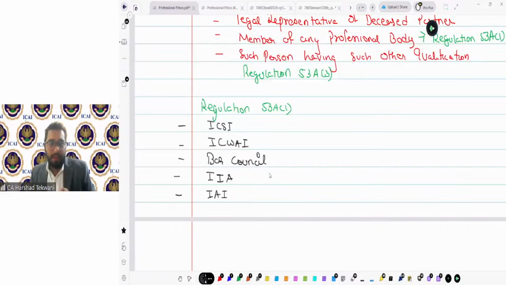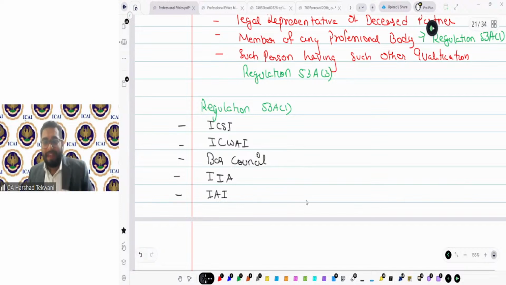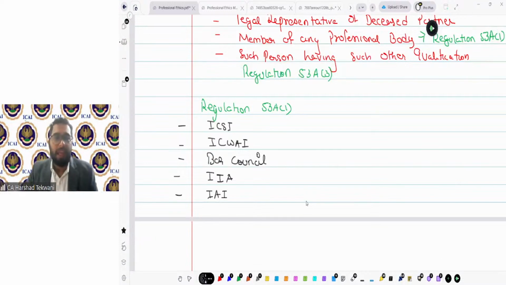These are the professional bodies whose members are allowed. If there is a member of any such professional body, that is fine. And in front of that, you have regulation 53A3.